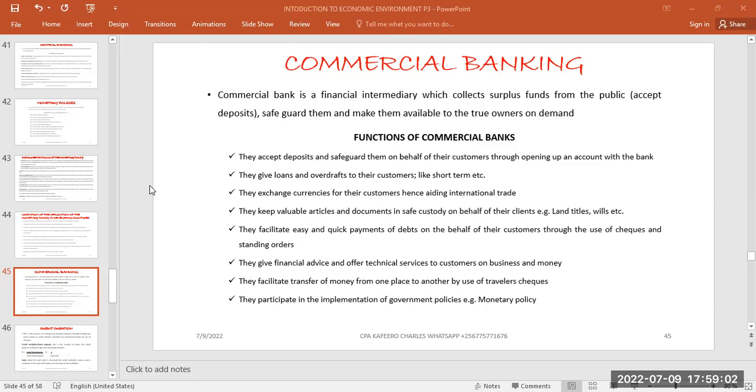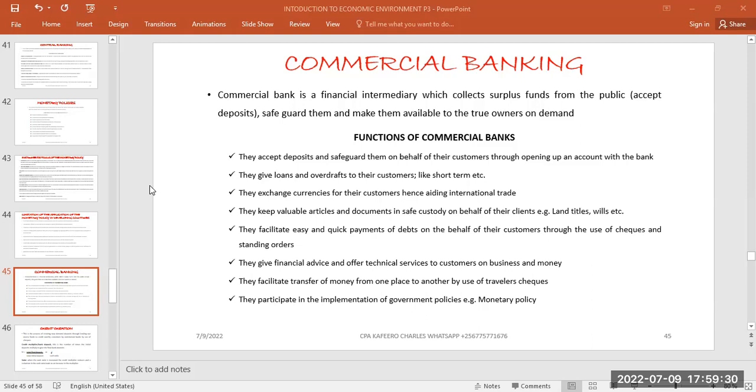What you have to understand with these commercial banks, first of all, is that these are banking financial intermediaries. They are under the operation of the central bank. They obtain money from the central bank as the lender of last resort, and the other money they get from the public by accepting deposits.